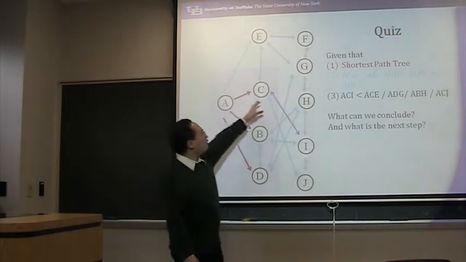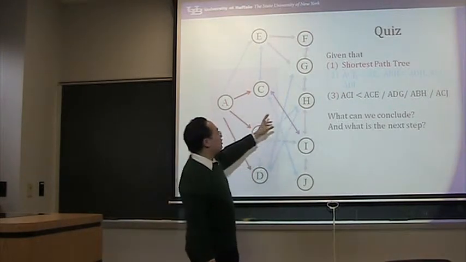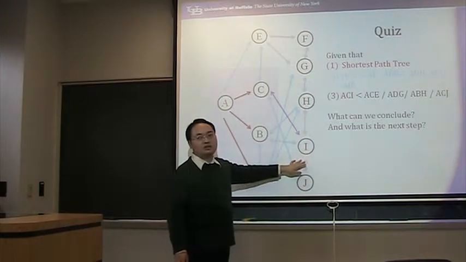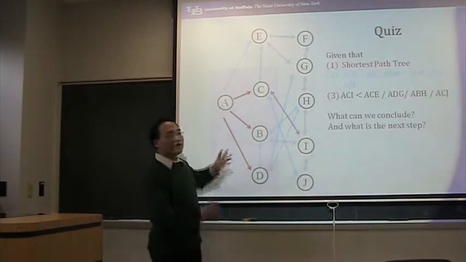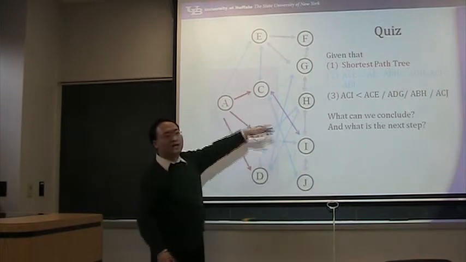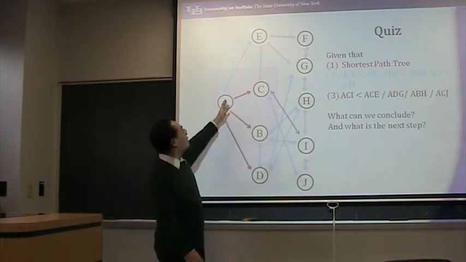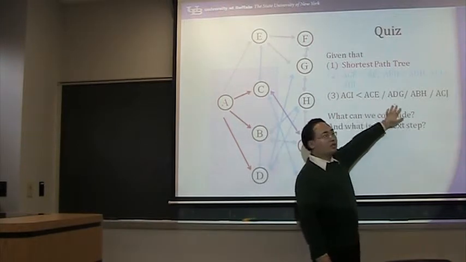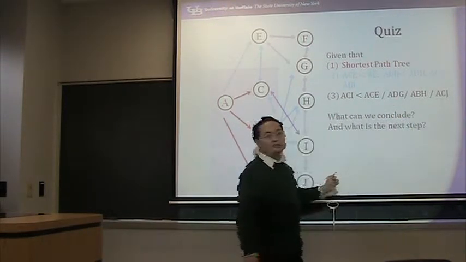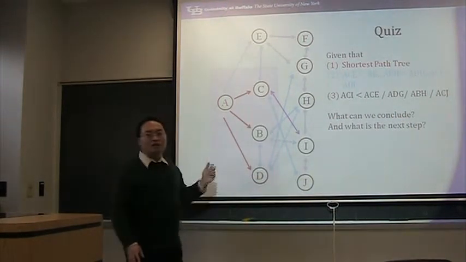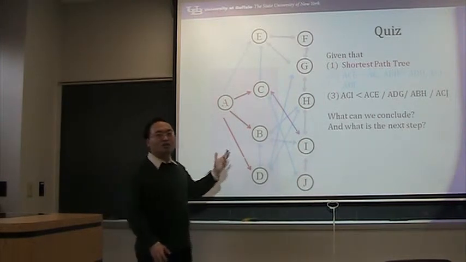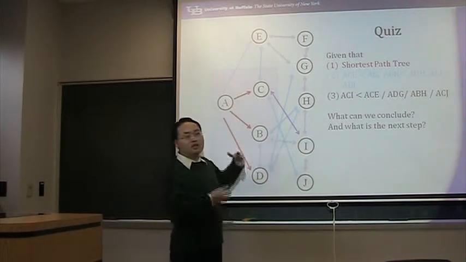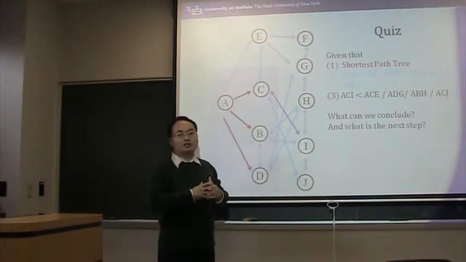Then no matter how they are connected, if ACI is not the shortest path, then there must be another shortest path called A something I. But A something I has to consist of either ACE or ADG, ABH or ACJ, right? Otherwise it's impossible, because these are the only connections to the outside.